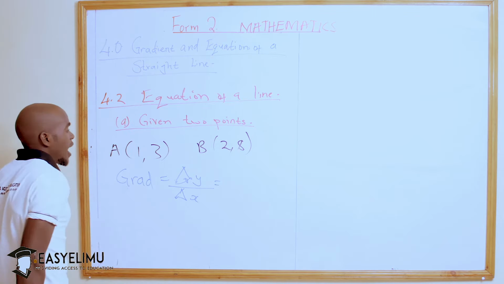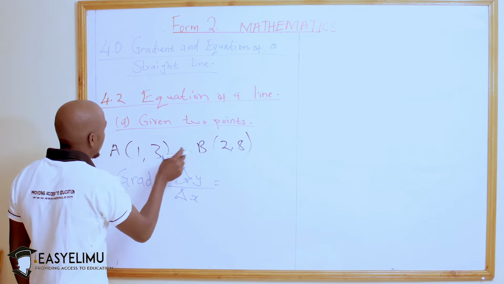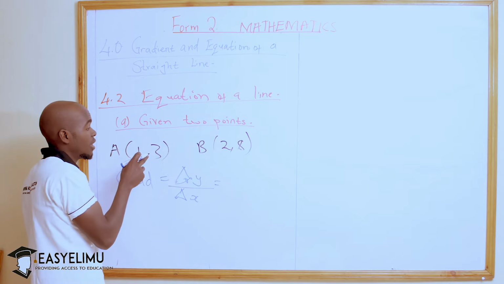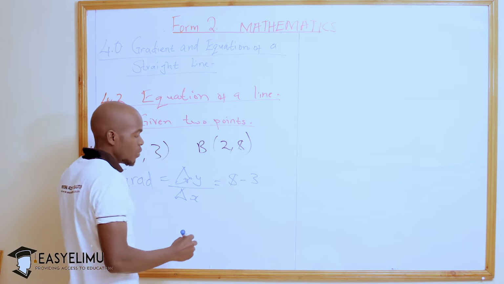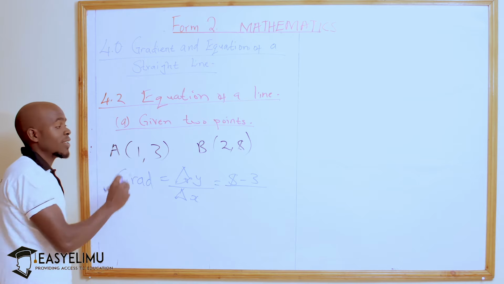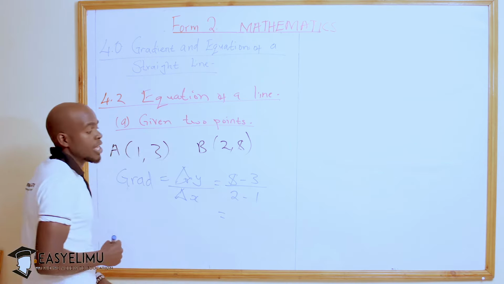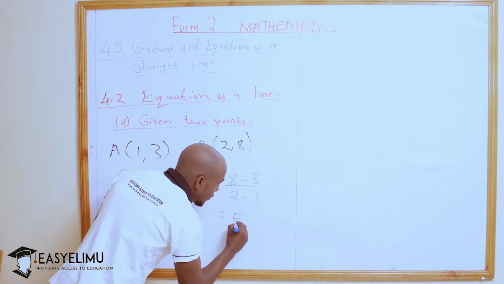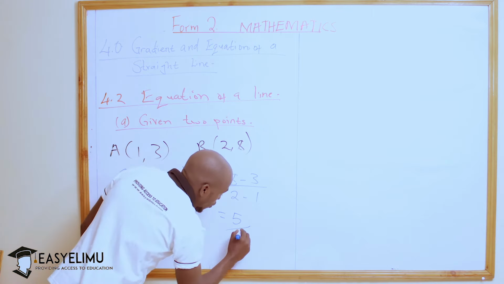So if I do that, change in y will be the y-coordinate of B minus that of A, which is 8 minus 3, over the change in x coordinate, so it will be 2 minus 1. 8 minus 3, you will find your answer is 5, and 2 minus 1, you are going to get 1.